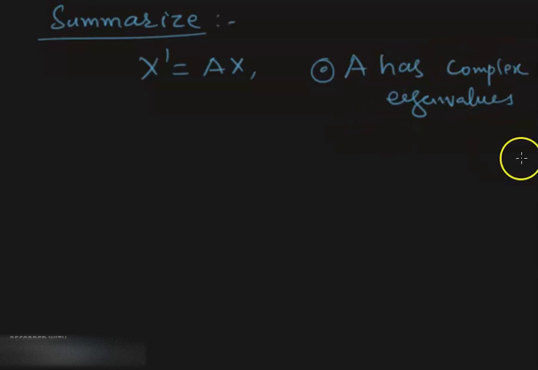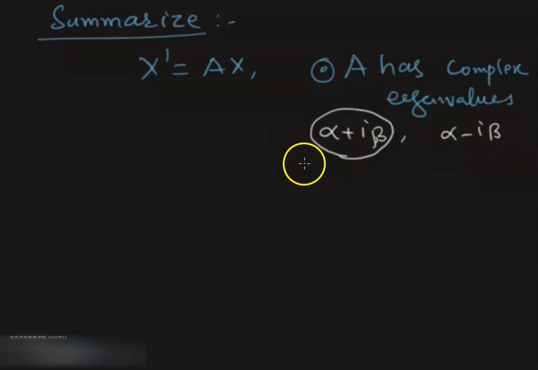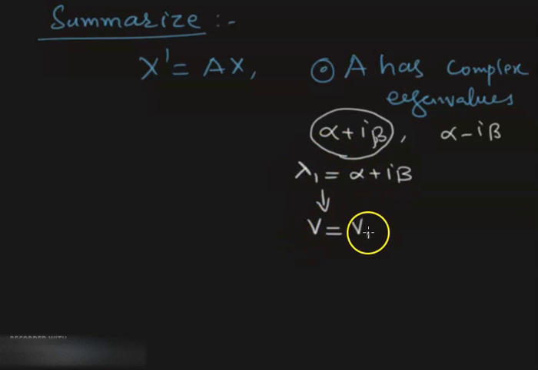So there will be two eigenvalues, either alpha plus i beta or alpha minus i beta. You just pick one of these and call it lambda 1, maybe alpha plus i beta, and then you calculate the corresponding eigenvector, which will be v equal to some real vector v1 plus iota times some other real vector v2.